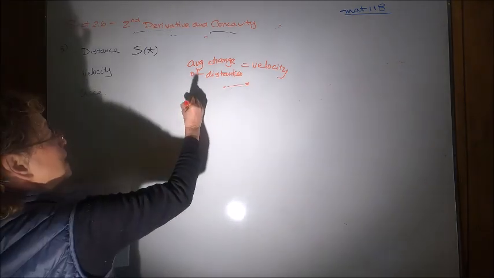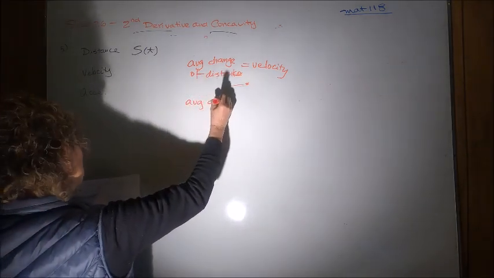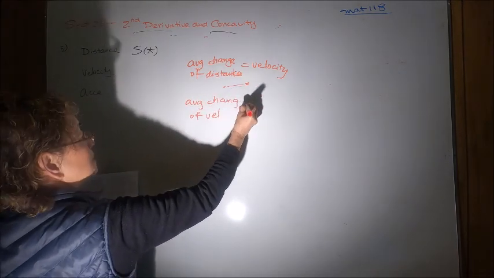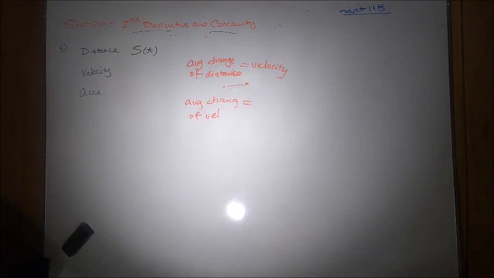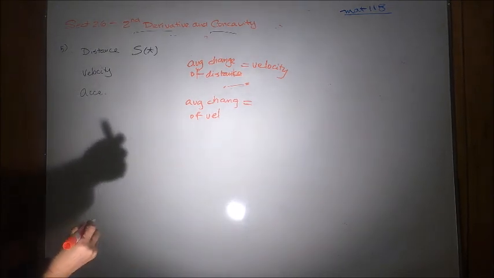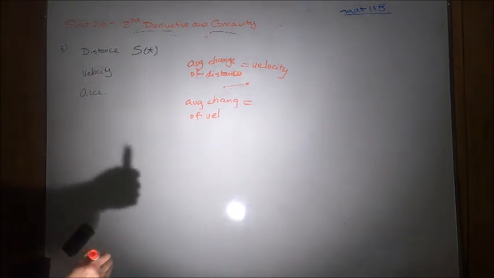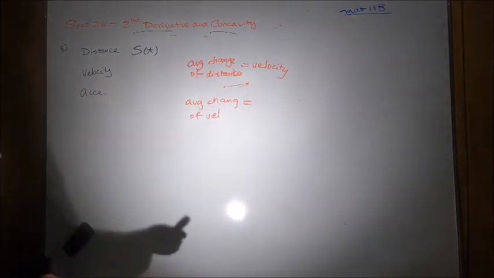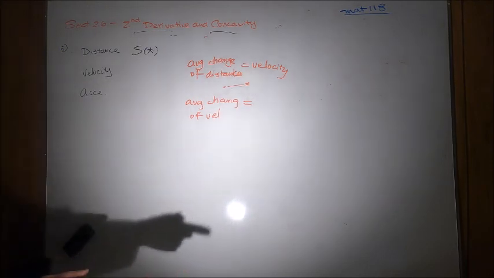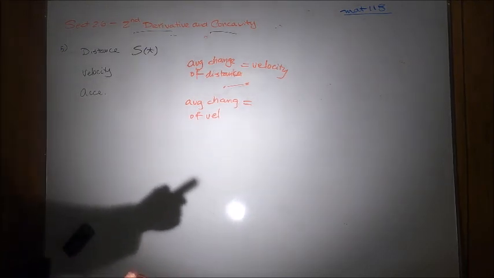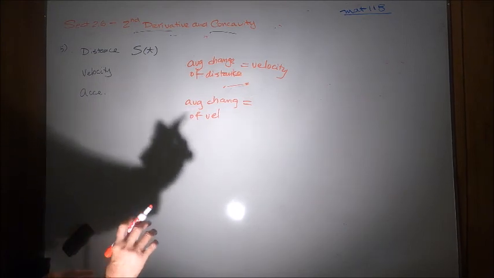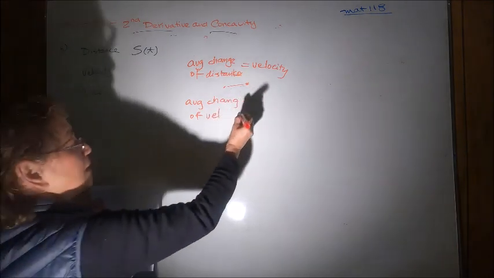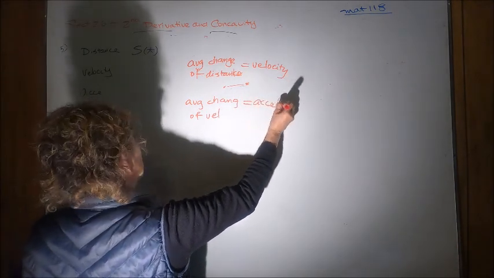So if it's the average change of the velocity, that would be what? If you drive 50 miles per hour on average, right, to 60 miles per hour, so what's the change? 10 miles per hour difference in an hour, right? That would be your acceleration.